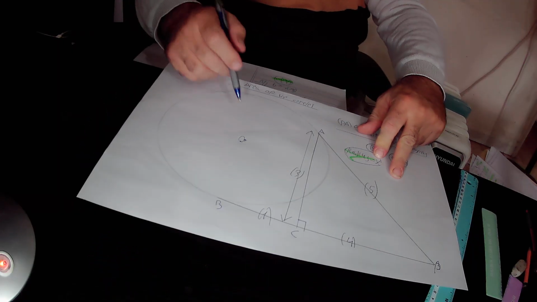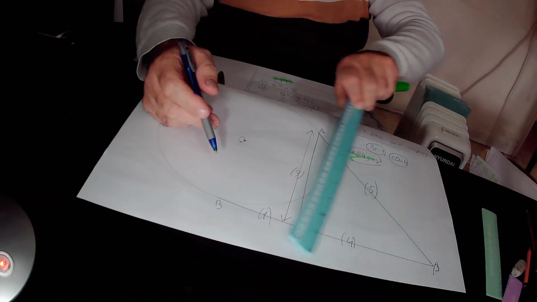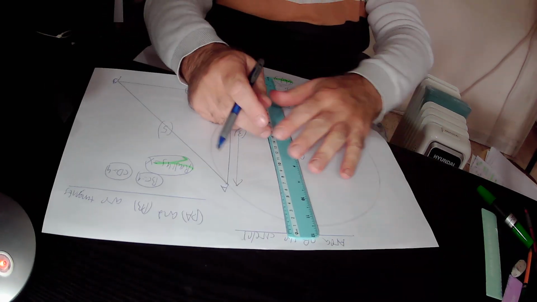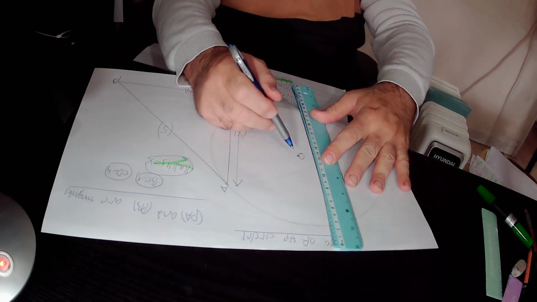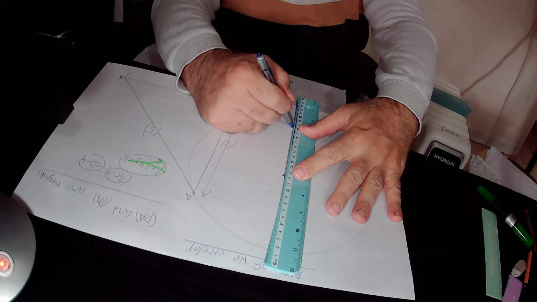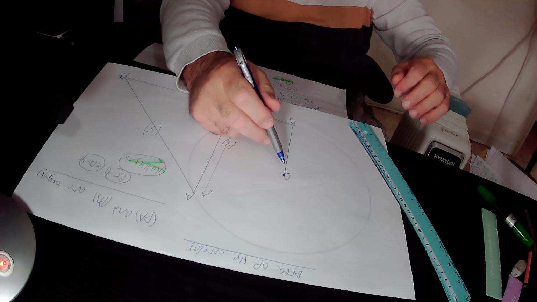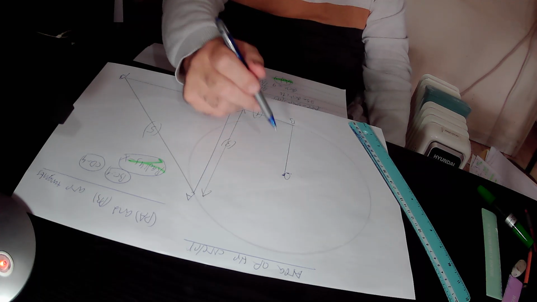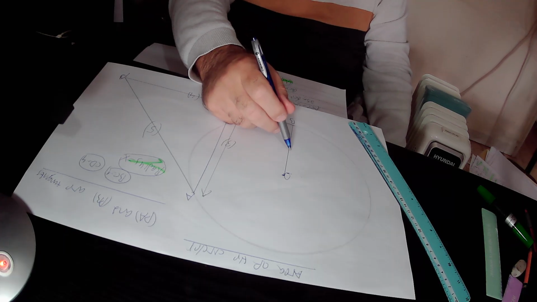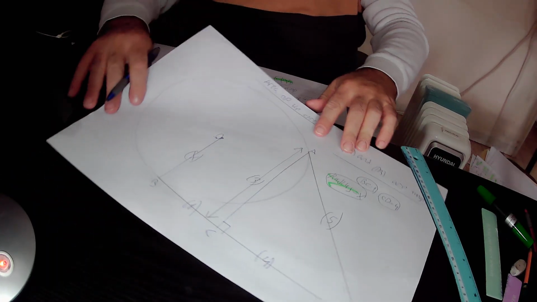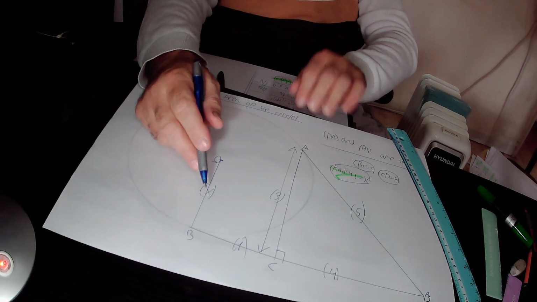We will join points O and B together by a straight line. Point O is the center of this circle. Point B is a point on the circle itself. Therefore, OB is the radius of this circle. It equals x according to our definition. The radius OB equals x.